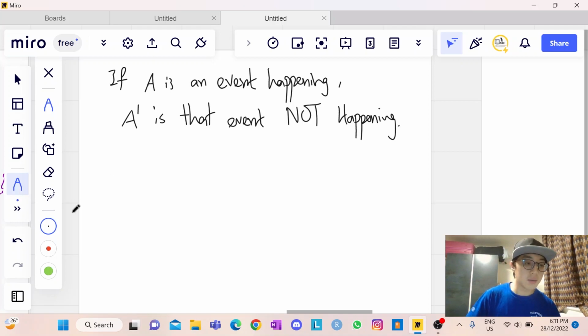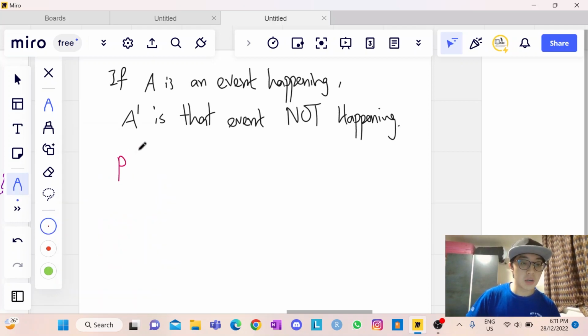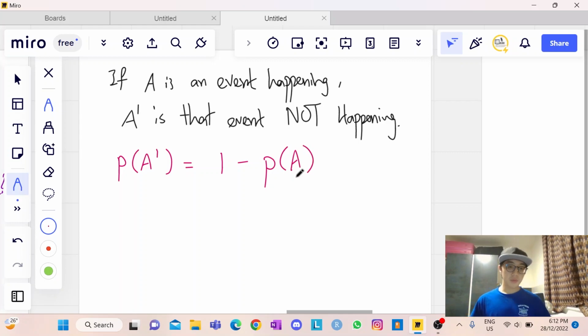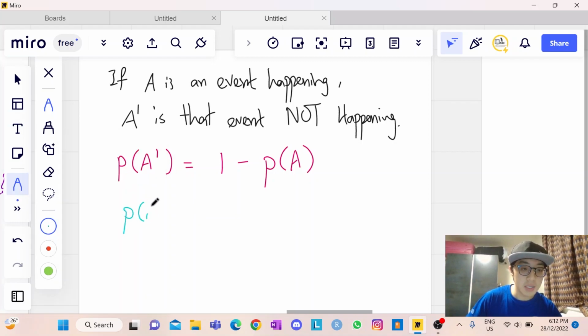Then we can say the probability of A prime is equal to 1 minus the probability of A. So how do we make sense out of this equation? 1 is everything that is certain to happen. If we rearrange this, we get P(A) plus P(A prime) is equal to 1.